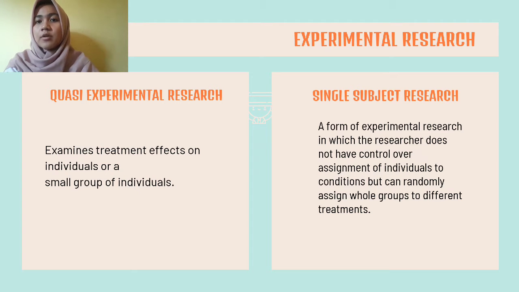The critical part of single-subject research involves the researcher collecting several sets of data prior to the implementation of the treatment. This is called a baseline phase because data are collected at multiple points throughout a period of time.